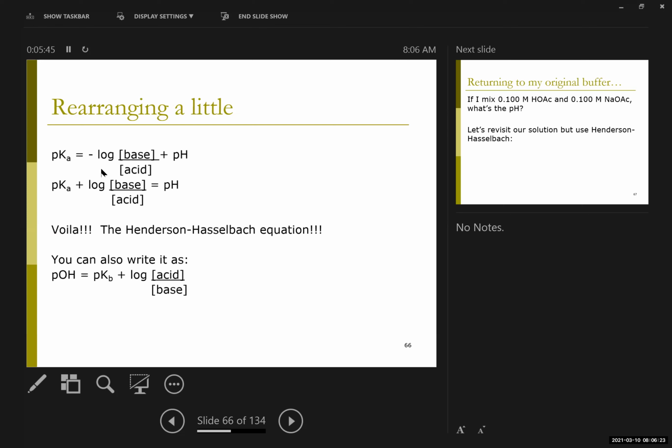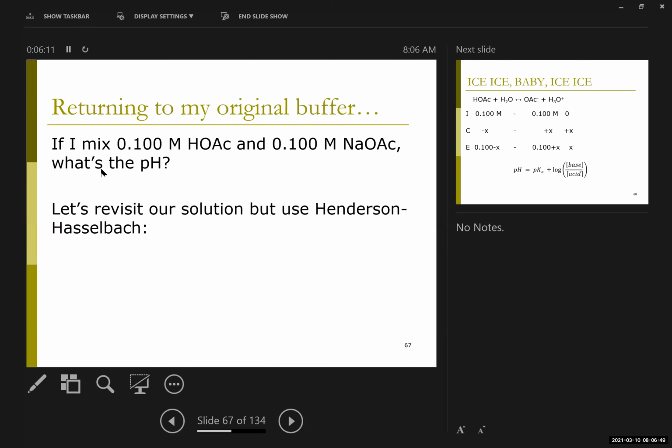It's just the log of the Ka equation. By itself, it doesn't help me any, in that the log doesn't make it easier to solve. Where it helps me is if my good old assumption works, I can use my initial concentrations to solve for the pH, which really short circuits the problem.